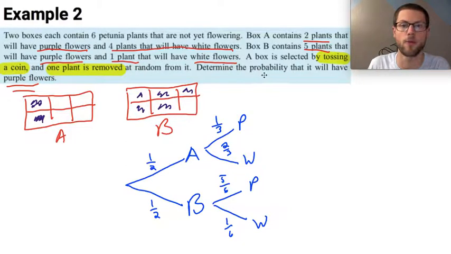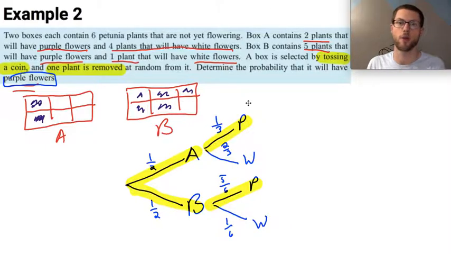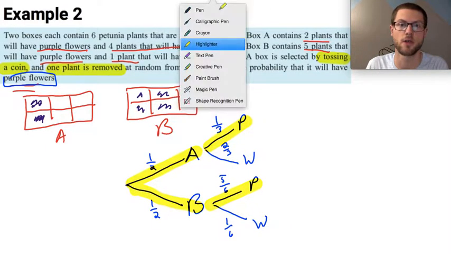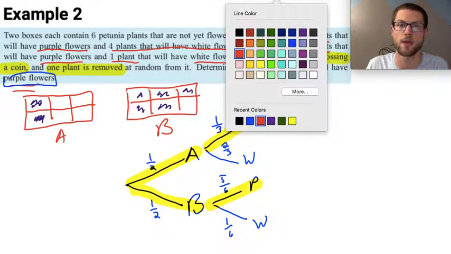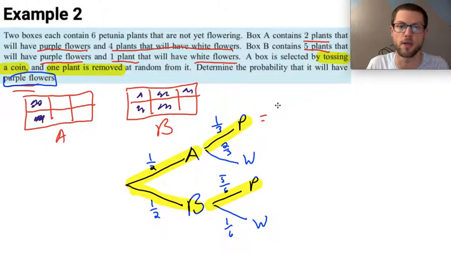So I want to figure out the probability of picking purple flowers. What I'm interested in is all of the outcomes that end with a purple flower. So again, I'm going to grab that highlighter and trace those branches. I could start this way and end at this branch, or I could go this way and end at this branch. So the probability of landing here is 1/2, that's this probability, times 1/3, that's my second probability.